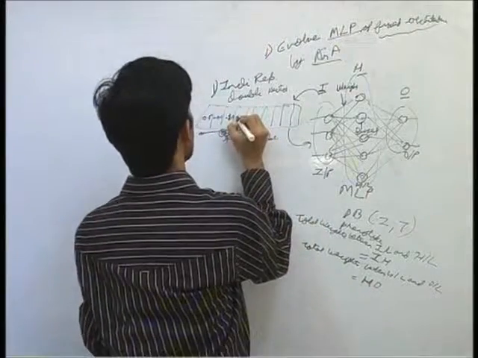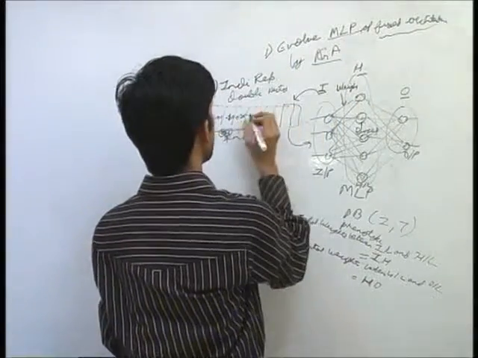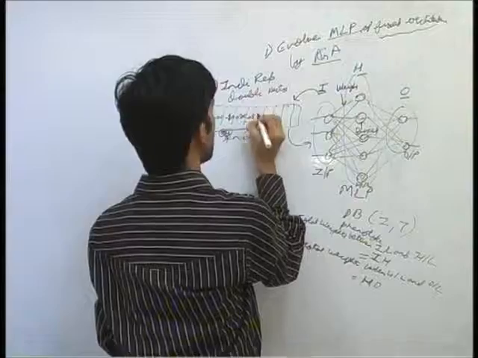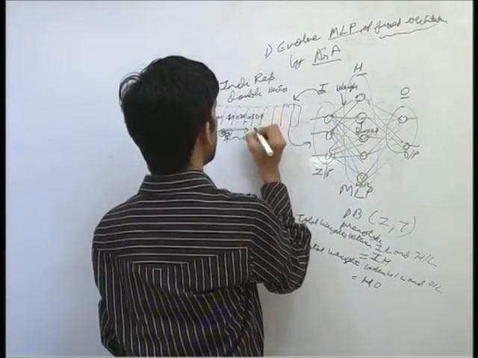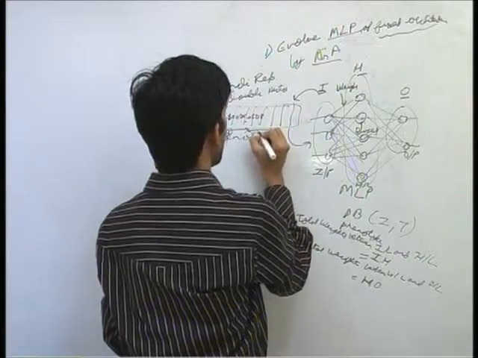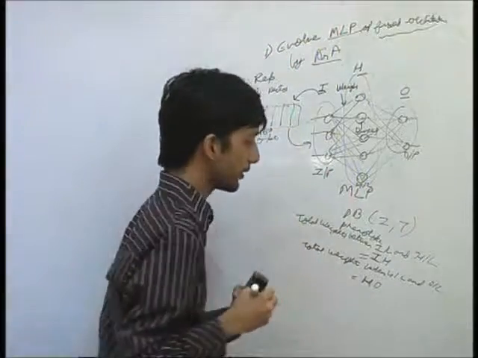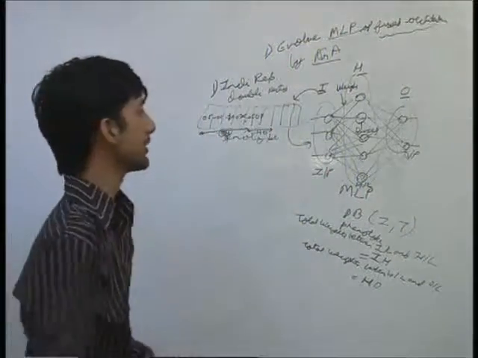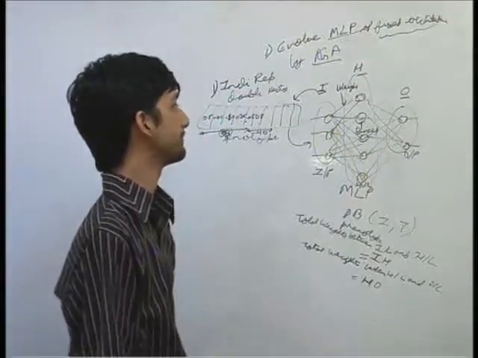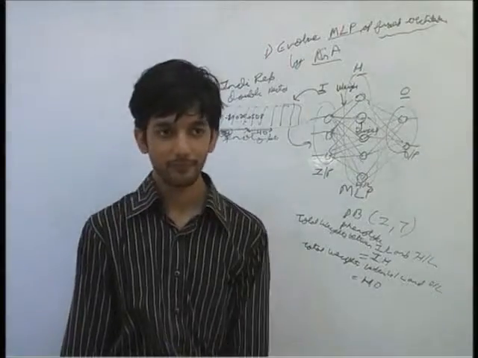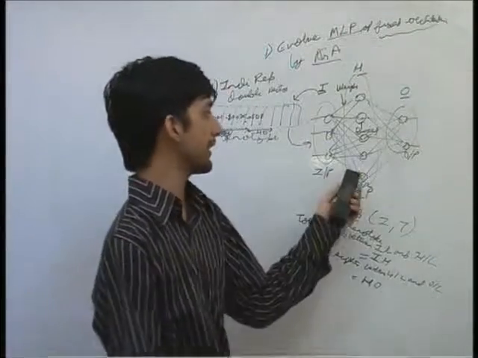Let me say this weight was 0.25, this weight was minus 0.5, this weight was 0.8, and so on. The next HO real numbers that I note down are the weights between the hidden layer and the output layer.